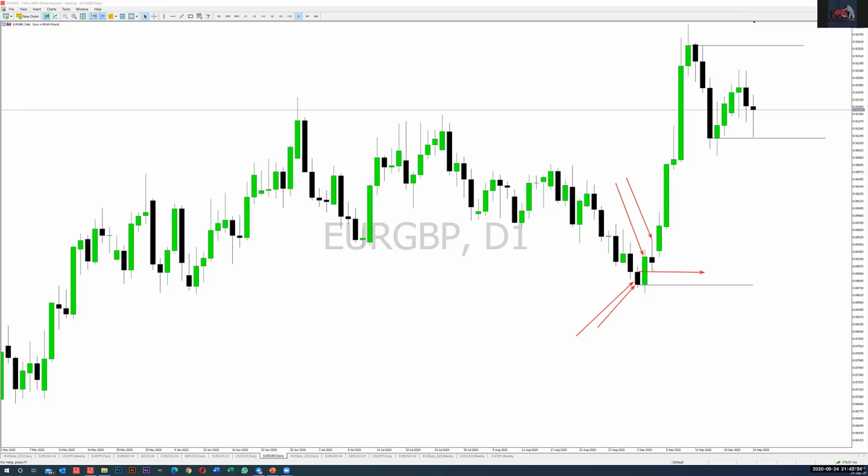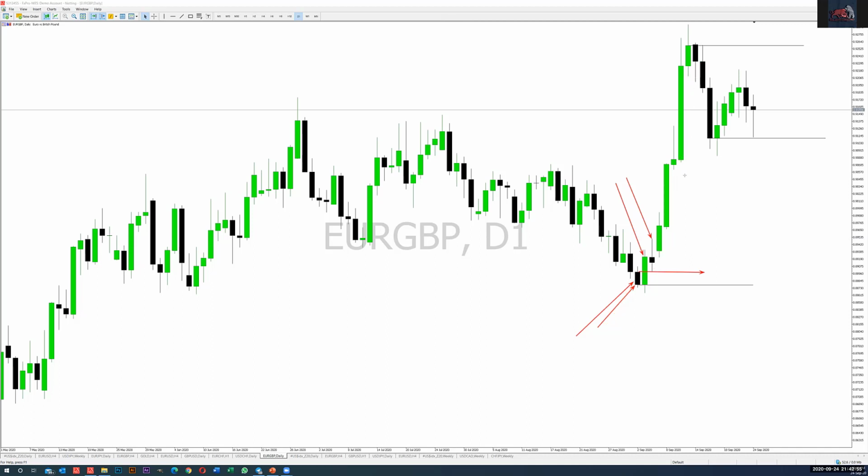So that means you would have been a buyer because you know that this is a fresh zone in the market. So you'd have been a buyer in this down candle here because it's testing your zone.